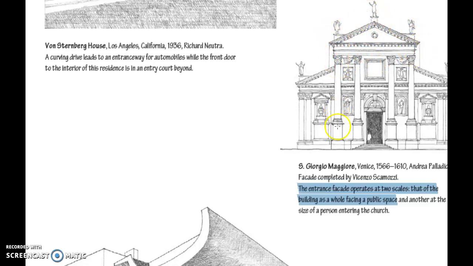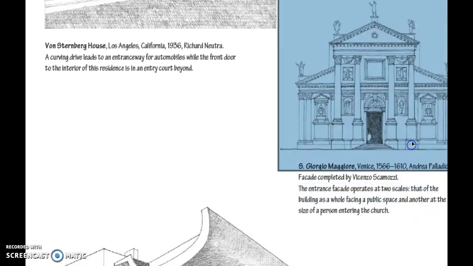So this will serve as the entrance to the building. But if you go further, you will find another entrance, which is the scale of the person. Here the entrance is at the scale of the building. So they are having two entrances. The entrance facade operates at two scales. It is not two entrances, but two scales.